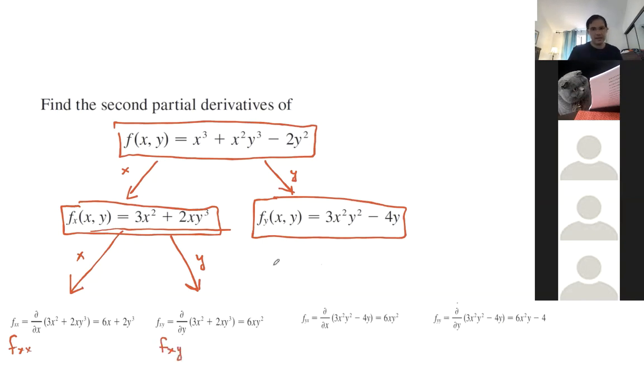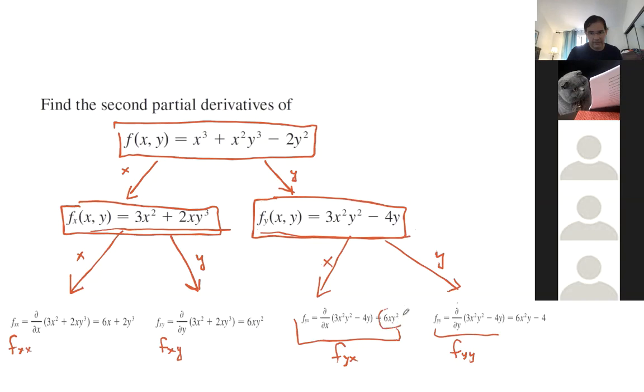It's exactly the same thing. Since this is a function of x and y, I can compute the derivative of this function with respect to x and also with respect to y. So that will give me fyx, and that will give me fyy. And notice one thing, fyx is 6xy squared, and so is this one.